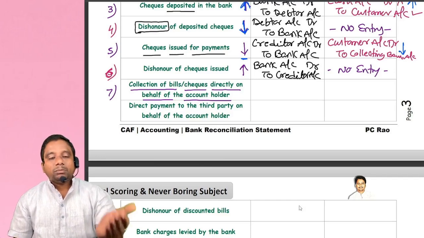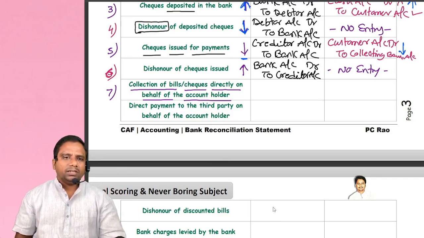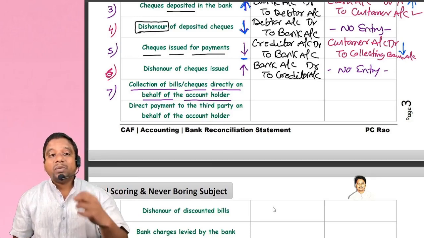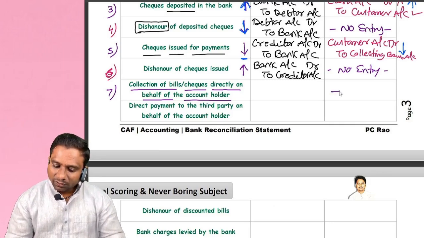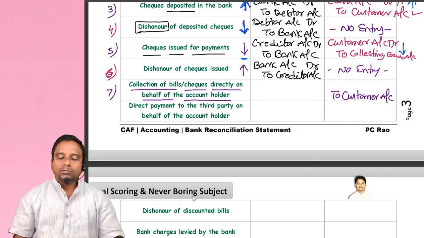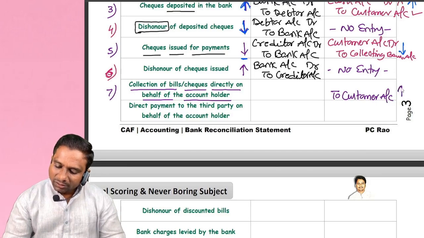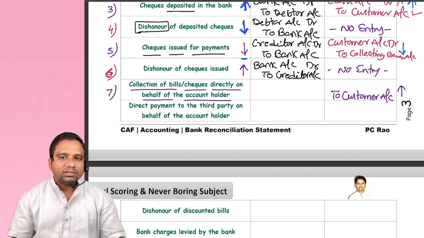Now, if the bank collects the bills amount or checks, whatever it may be, our bank balance gets increased. In that case, the entry the bank will record is our account gets credited. So in the bank, our balance increases.